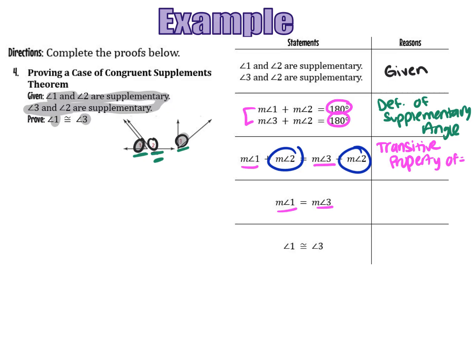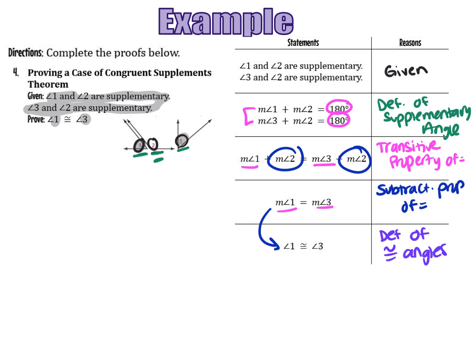But I notice that there's 1 on each side, so I guess I'm just subtracting that away. So that would be the subtraction property of equality. And then to go from this step to our next step, we're changing measure of angle to congruency of angles, and that is the definition of congruent angles.